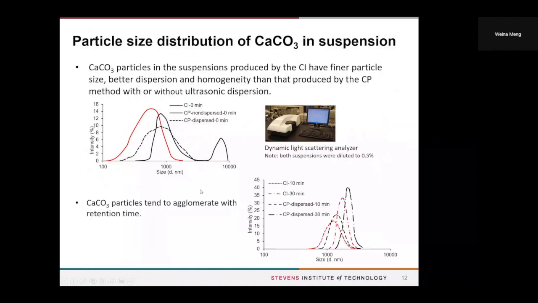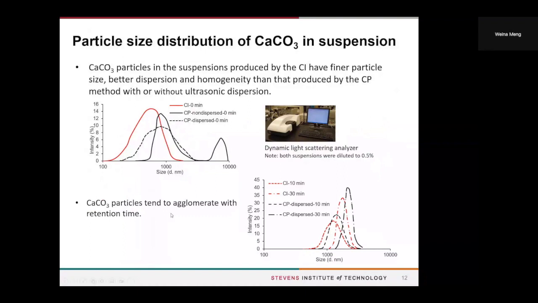Unfortunately, if we do this measurement right after we produce these particles, it gives us a very good dispersion. But if we just let the suspension stay still and wait for 10 minutes up to 30 minutes, you will see that the particles move to the right side, which means the calcium carbonate particles tend to agglomerate with retention time.